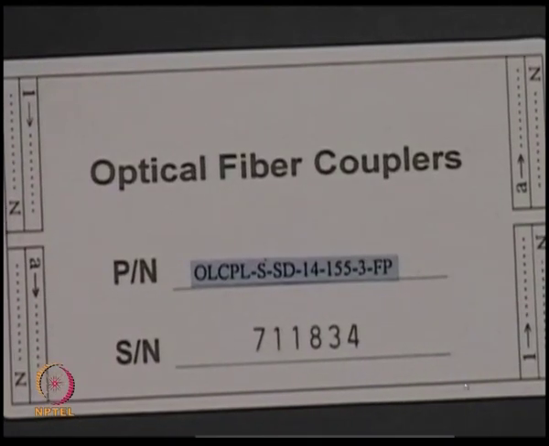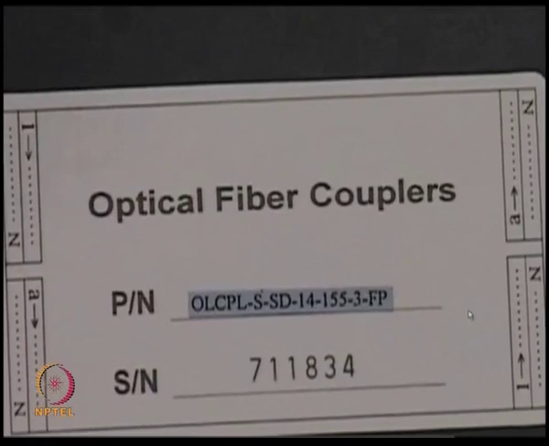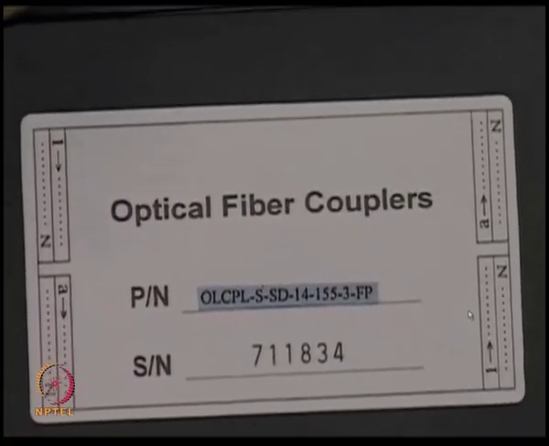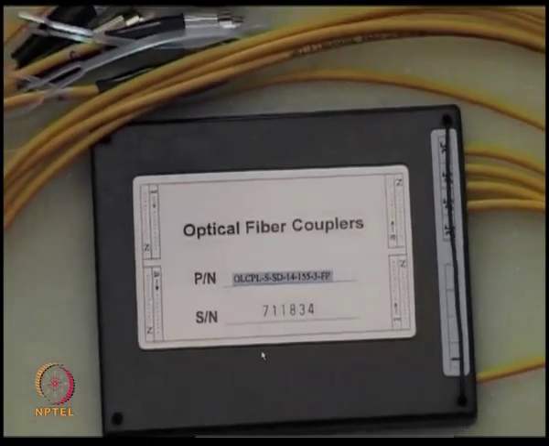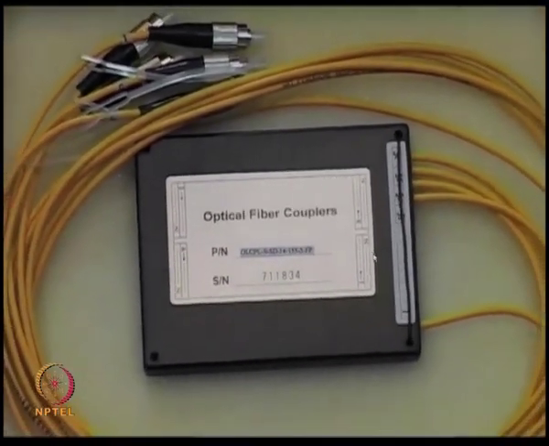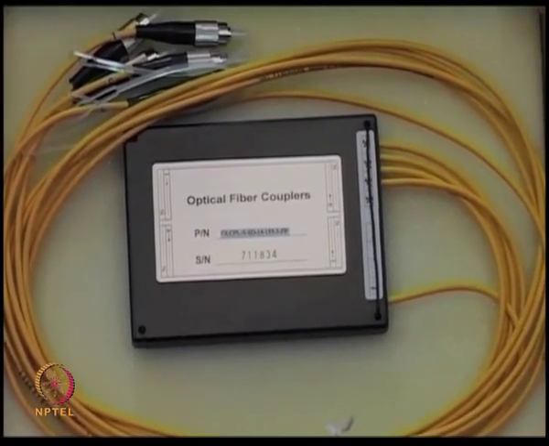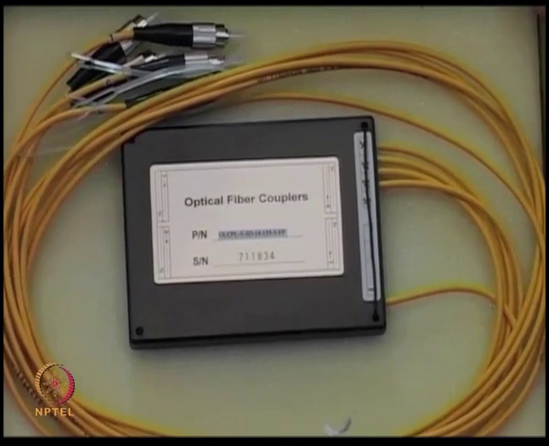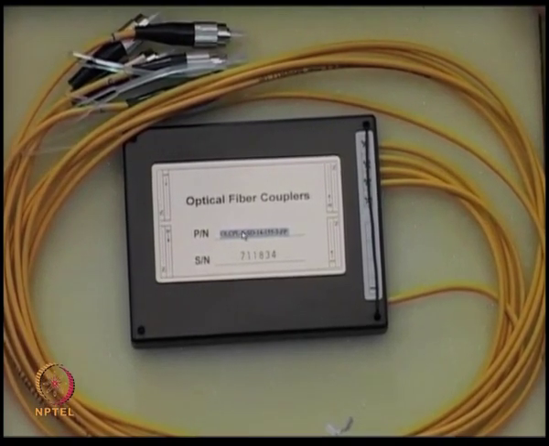So, these couplers are star couplers, and light coming from any of the input fiber is equally distributed on all the output fibers. So, in a passive optical network where light has to be distributed, these optical couplers, the star couplers, are used.